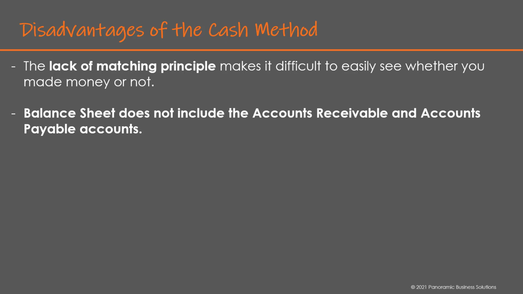So when you use the cash method, you would actually need to track this information either with a notebook or an Excel spreadsheet. You would need to manually track that information, which just adds an extra level of complexity. And there's the possibility of errors because someone transposed a number or something bad happens with tracking that information.